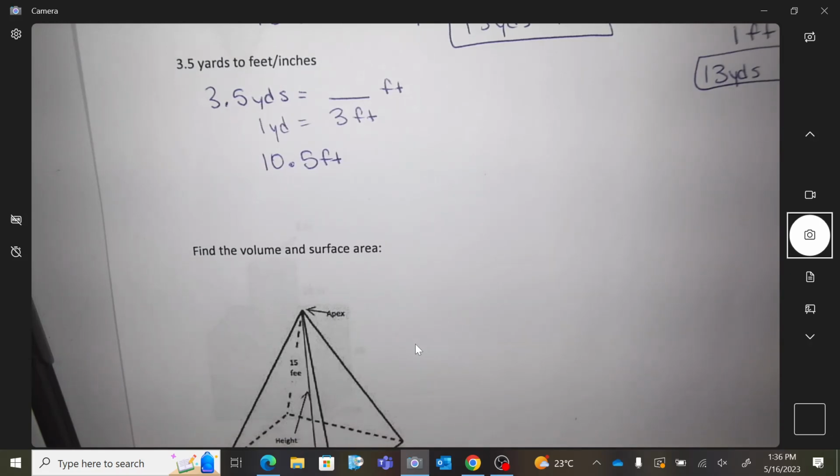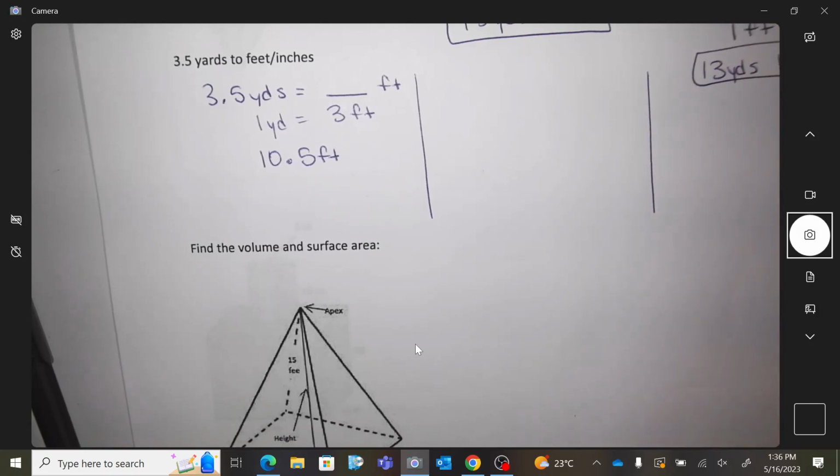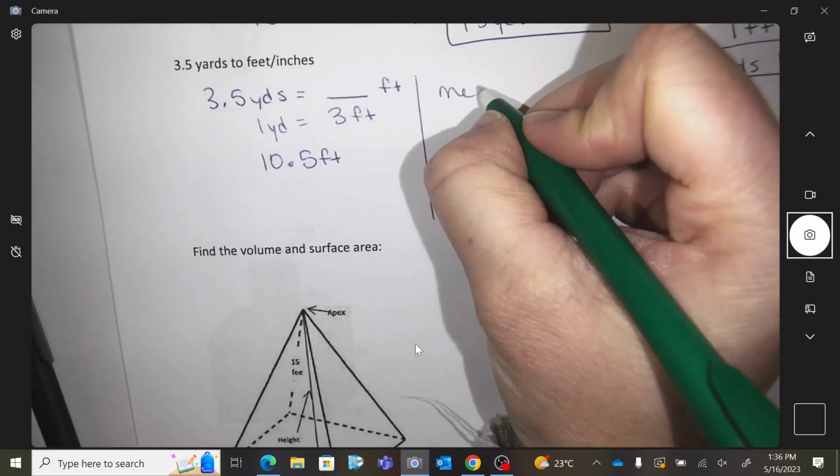So 10.5 feet. And you can be a method 1 or method 2 from here on out. So again, I'm not going to do this with you. I'm going to let you do it on your own so that you can pick your own method.